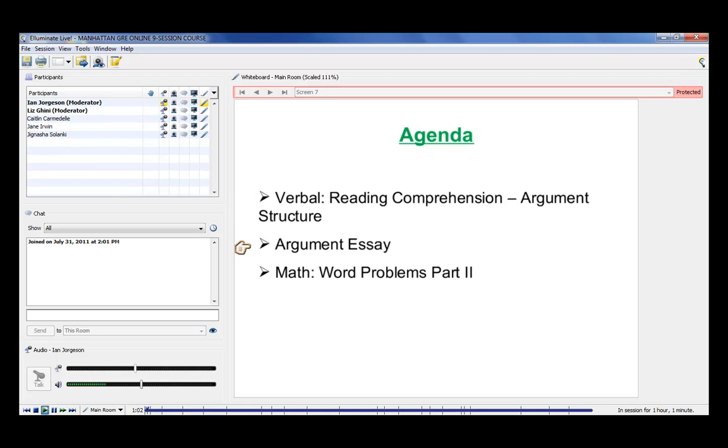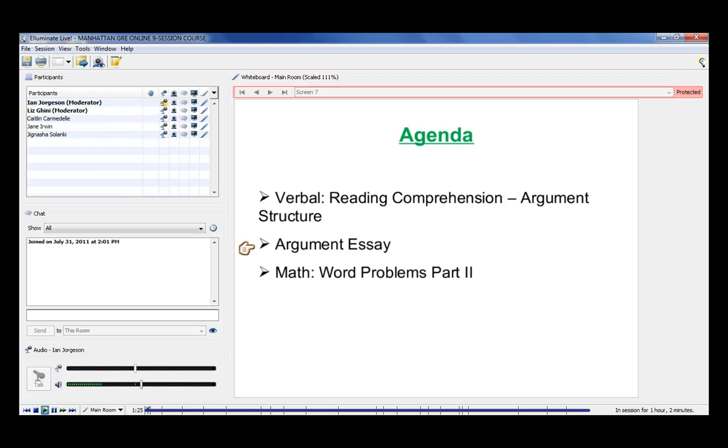We'll also take a look at the second type of essay today, and that's the argument essay, and there is some overlap between the first two topics, because being able to analyze and understand an argument, which is necessary for the reading comp questions, is also really necessary for writing a good argument essay.